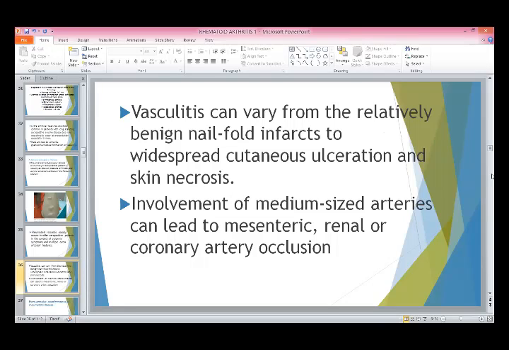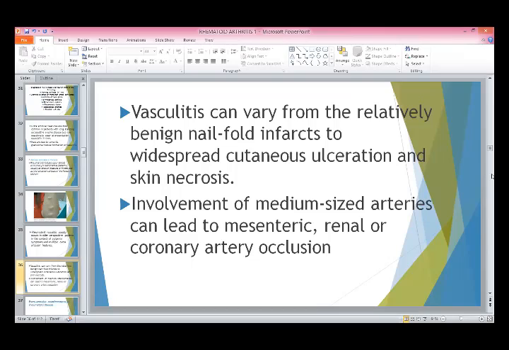Vasculitis can vary from relatively benign nail fold infarcts to widespread cutaneous ulceration and skin necrosis. There's involvement of medium-sized arteries that can lead to mesenteric, renal, coronary, or cerebral bleed.